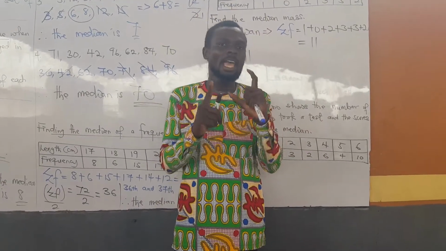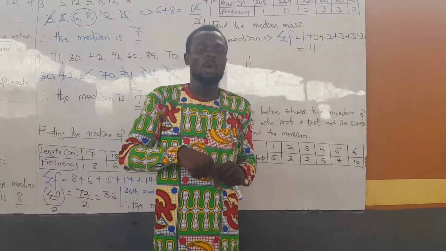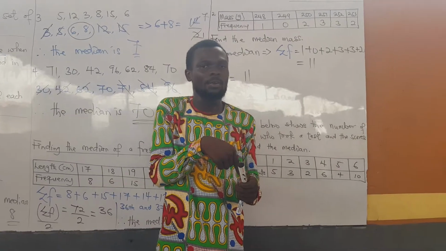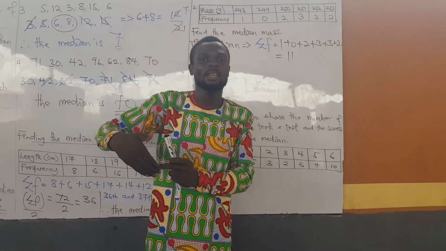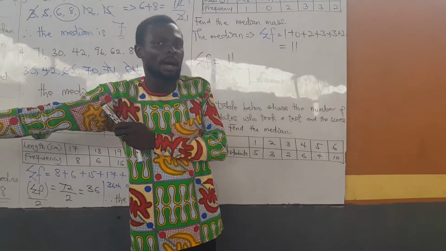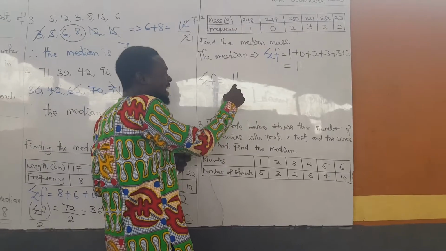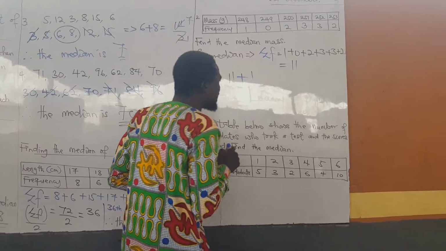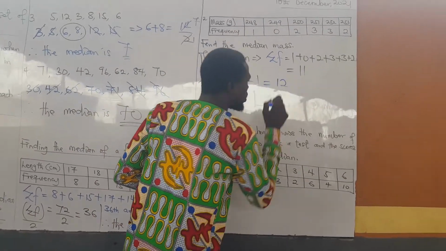Now here, because the sigma f is odd, we are going to add 1 to the sigma f so that we will be able to get an even number. Because the sigma f here is 11 and this 11 is odd, we are going to add 1 to the sigma f, which is going to give us 12.